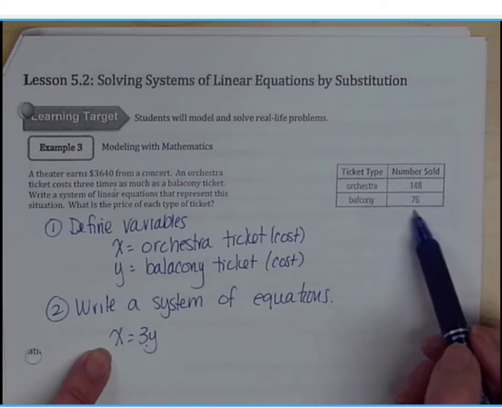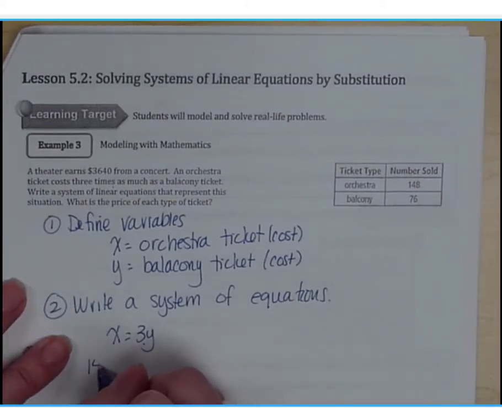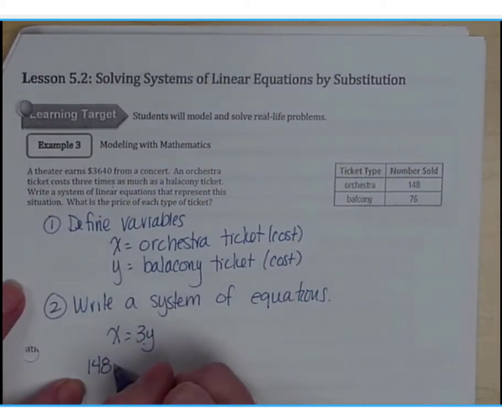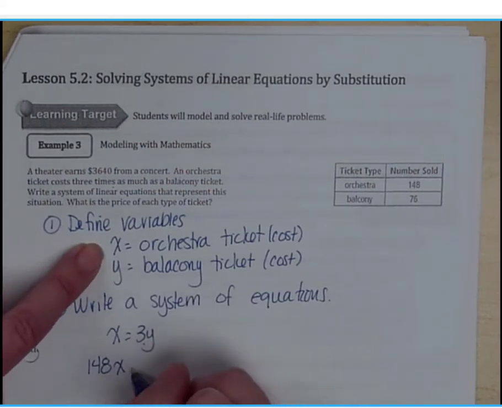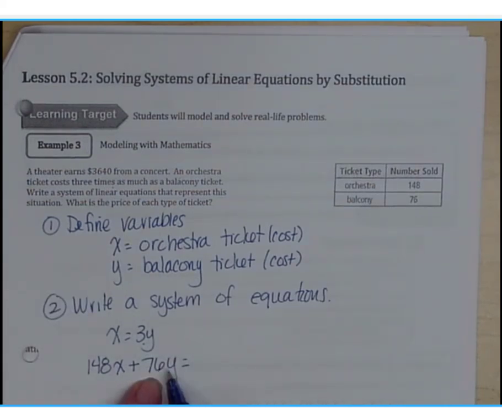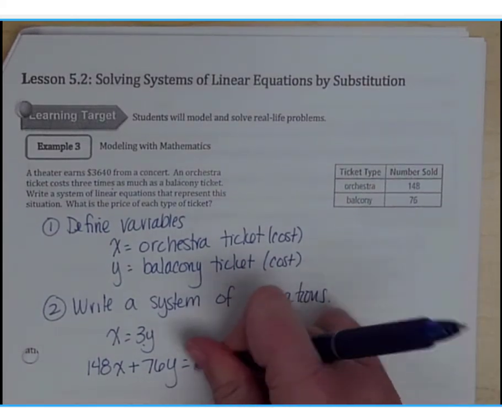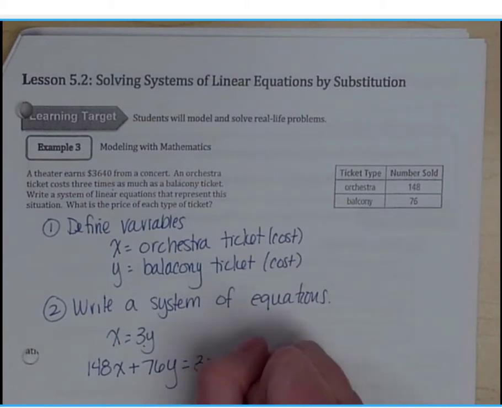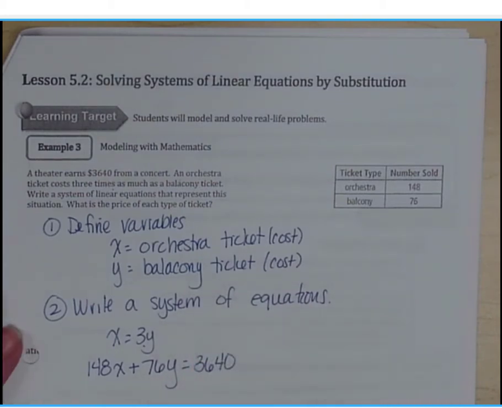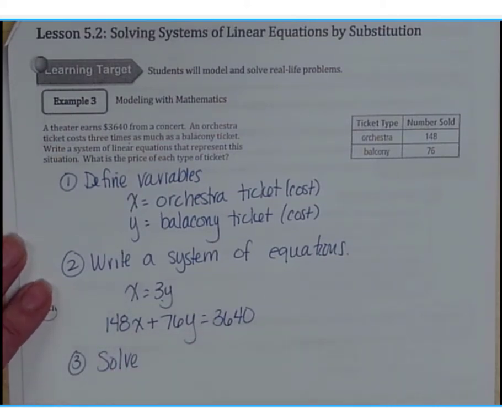And I know that these are the number sold, and since this is the cost, I've got 148 tickets times x, which is orchestra. Be careful here. 76y. So I sold 76 tickets at y cost. And that total there, whoops, I don't want to use a dollar sign in my equation, is 3,640.